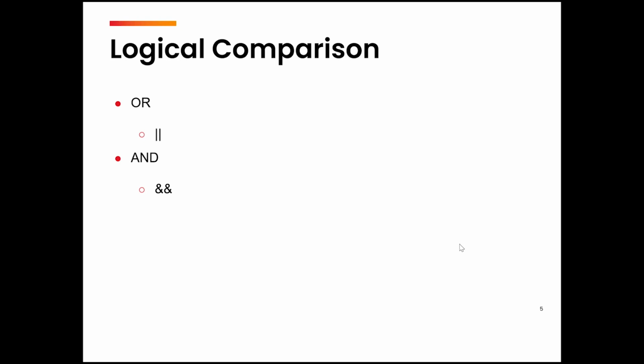Then you can use either or and. Or is when even if one of the conditions is true, you want to perform a certain task. And is when you perform the task only if both the conditions are true. For or you can use the double pipe symbol. For and you can use the double ampersand sign.